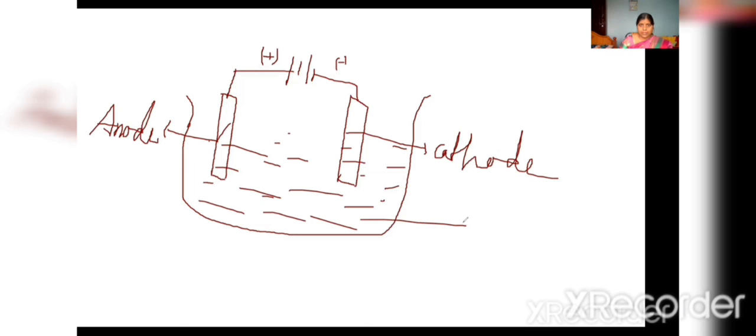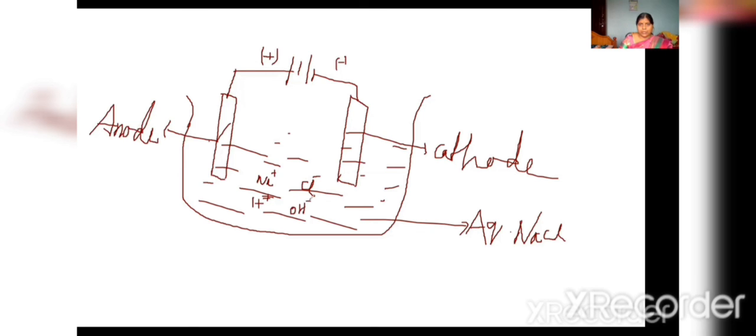This is the aqueous NaCl, which is the electrolyte. Here Na+ and Cl- ions will be present, and H+ and OH- ions are present.